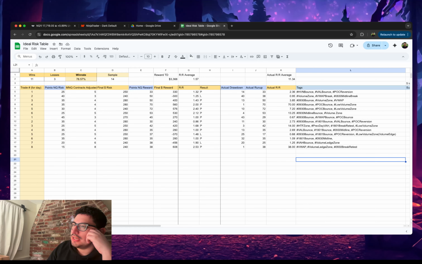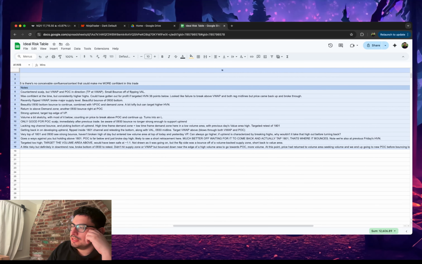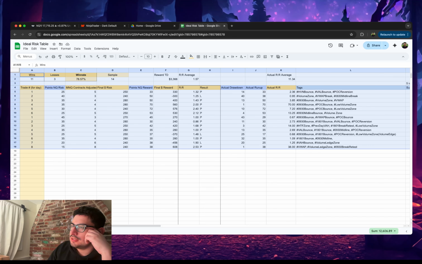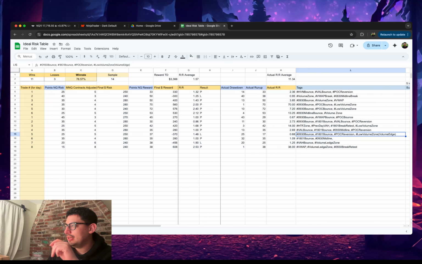But overall, I want to just throw this thing into ChatGPT and be like, hey, can you make this more efficient and make more sense? And ideally, I want to be able to pivot this out so I can look up a tag like, how many of my trades were a 9:30 bounce? How well did those do?